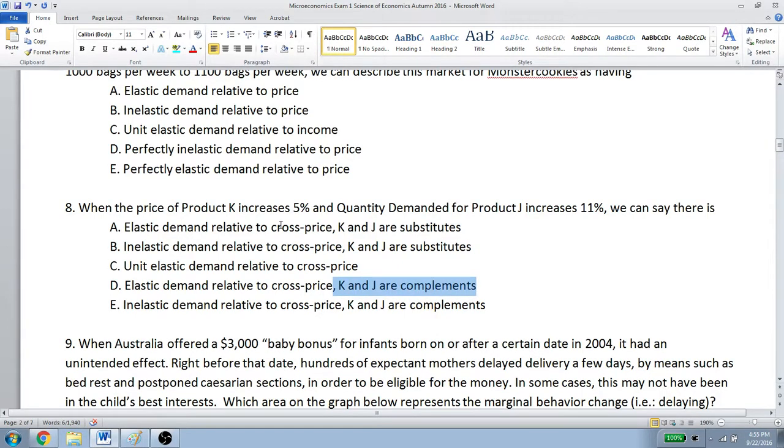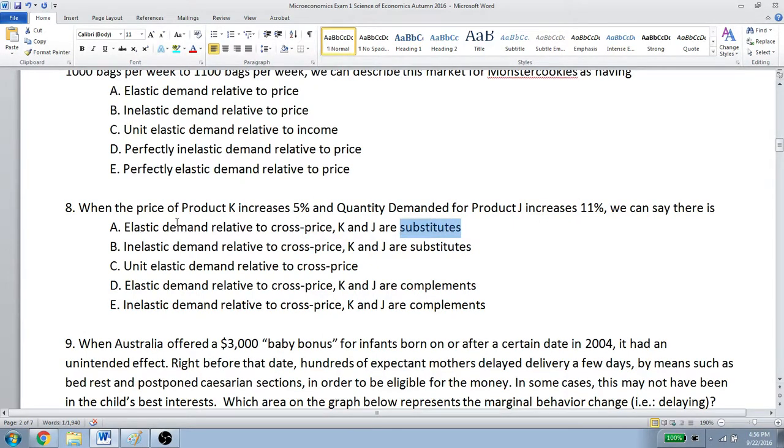Now, the way that we can learn that or write it onto our card is that if the direction of the change in the stimulus and the response are the same, then it means that they are substitutes.